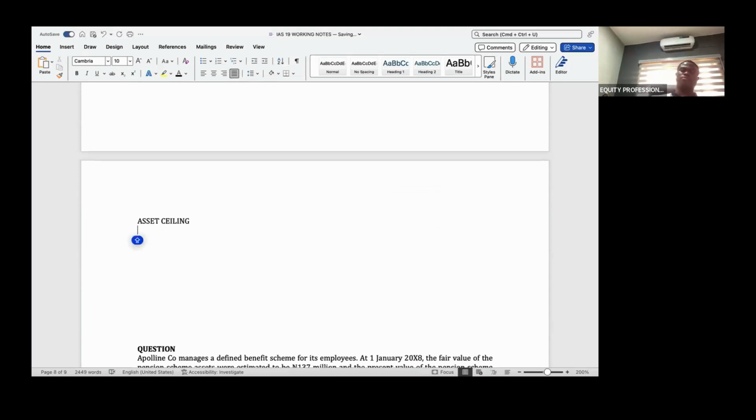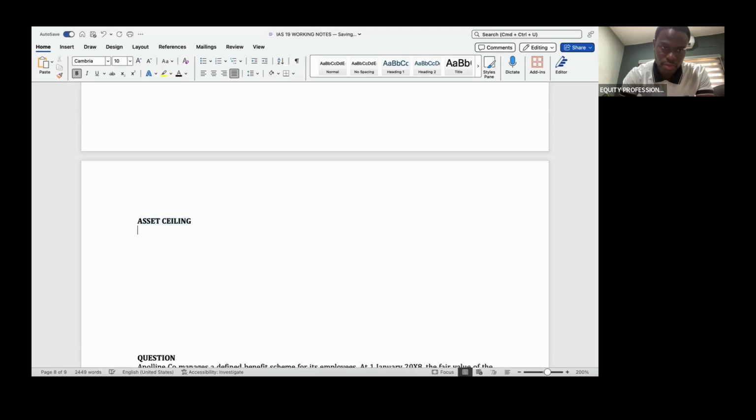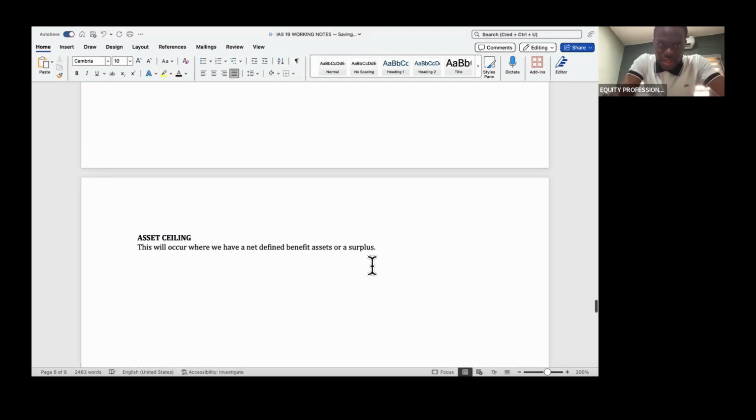So you see, asset ceiling will occur where we have a net defined benefit asset or a surplus. That's where we would start talking about asset ceiling.